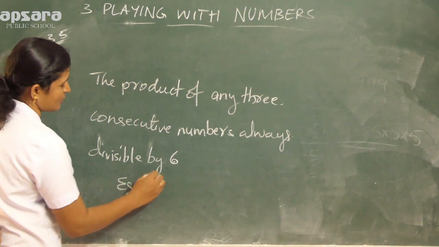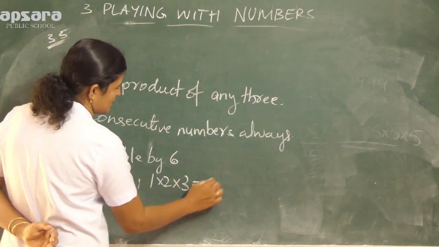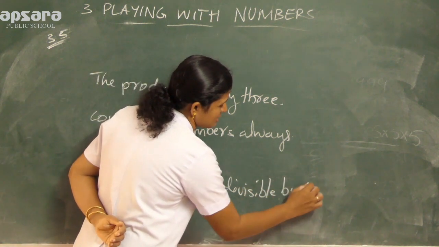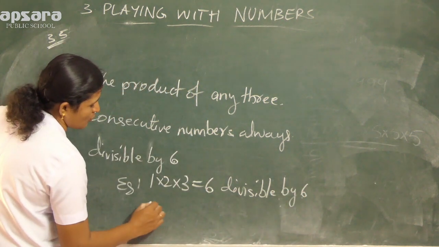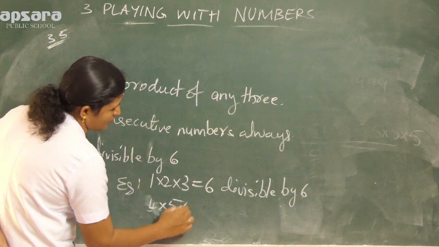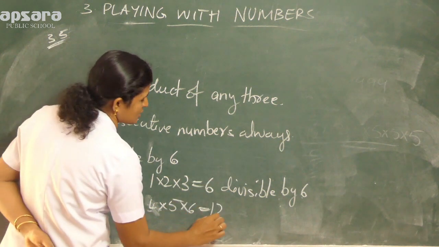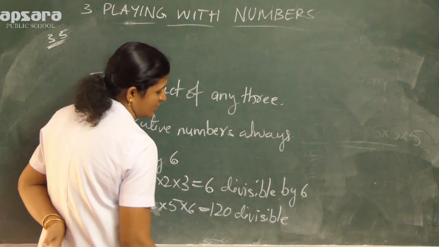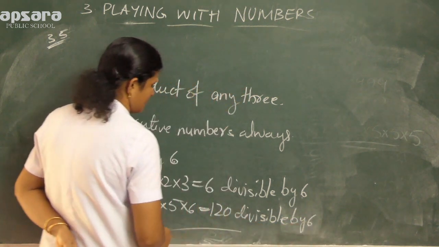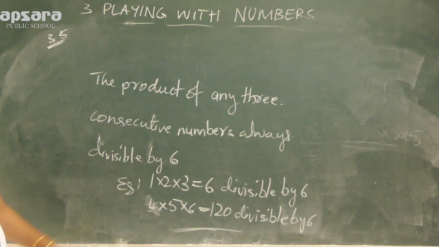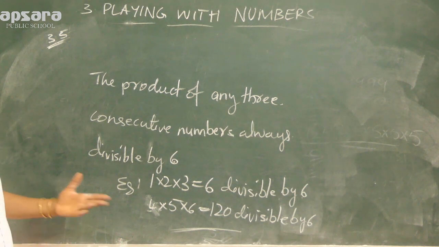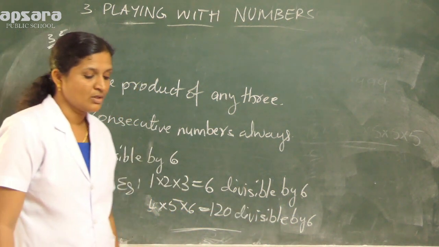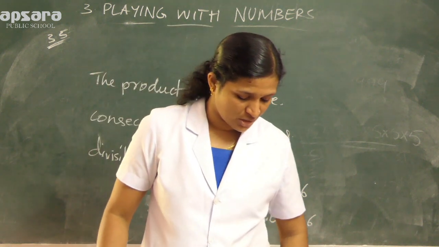For example, 1 into 2 into 3 is equal to 6, divisible by 6. Next, 4 into 5 into 6 is 120, divisible by 6. Like this you can add a few more examples here. Take three consecutive numbers, find the product and check whether the number is divisible by 6 or not. Okay, children? Yes.